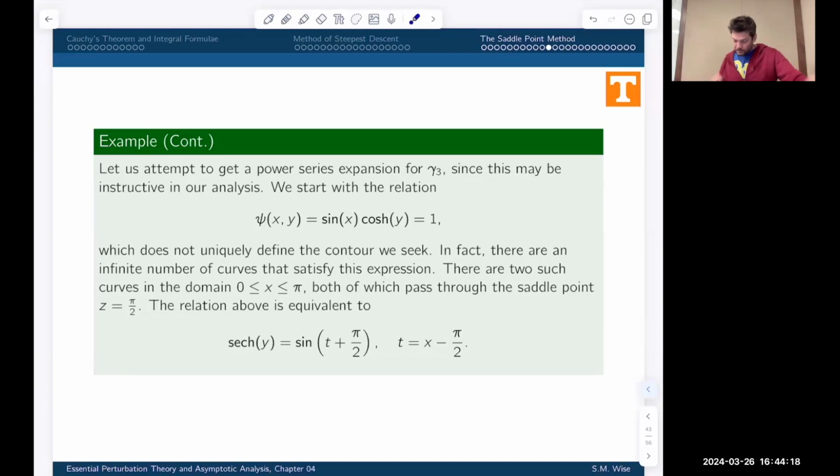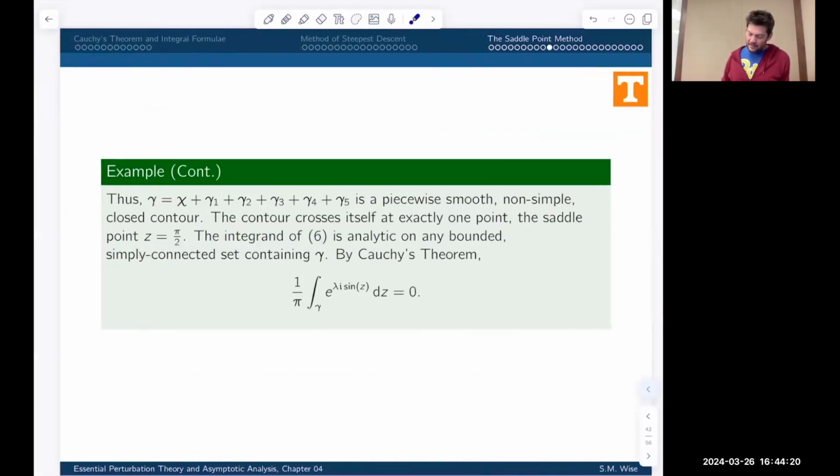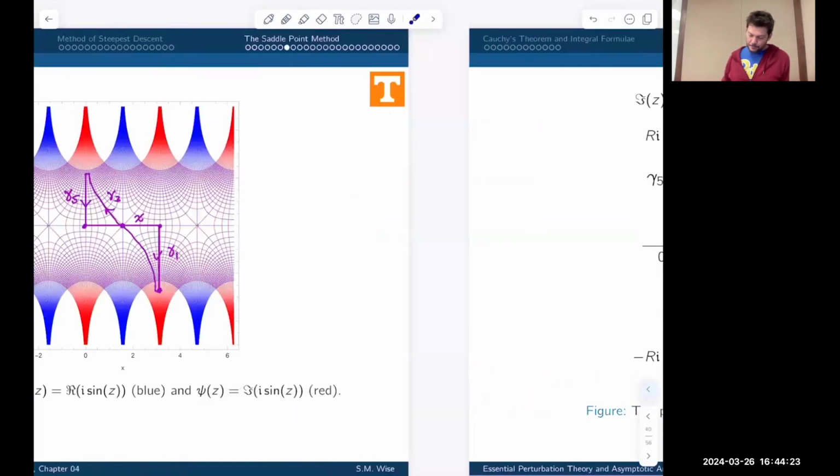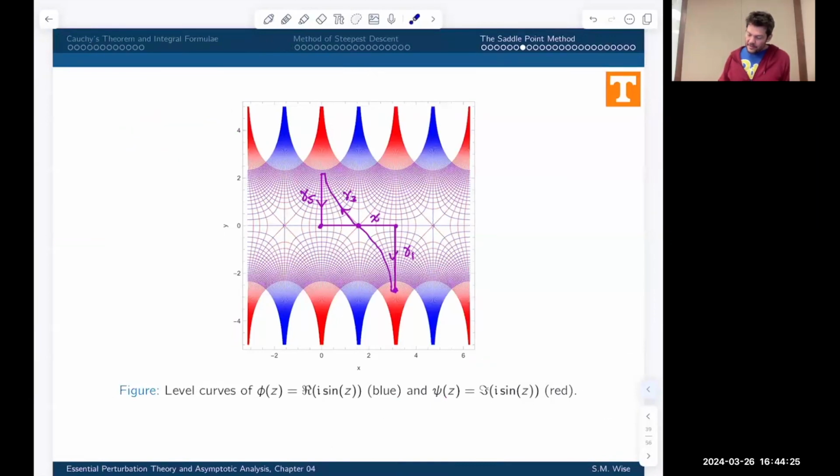Now, first of all, note that this curve here is also psi equals 1. This is psi equals 1. This is psi equals 1. And that makes sense, right? They cross each other through the saddle point of phi.